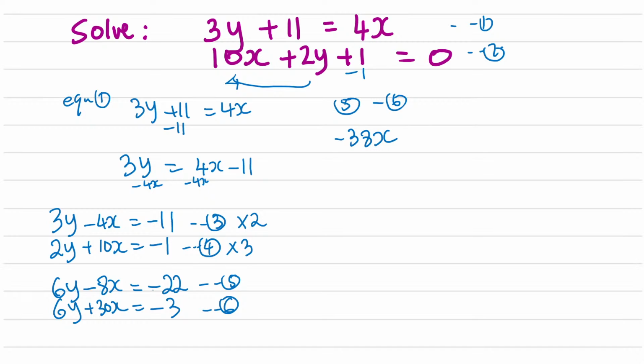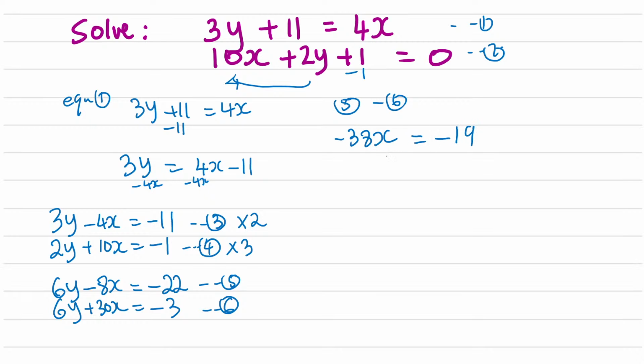And this one, negative 22, take away negative 3. What do we get? But by the way, this is an exam question, okay? So negative 22, take away negative 3. That becomes negative 22 plus 3, which is negative 19. So this is equal to negative 19.